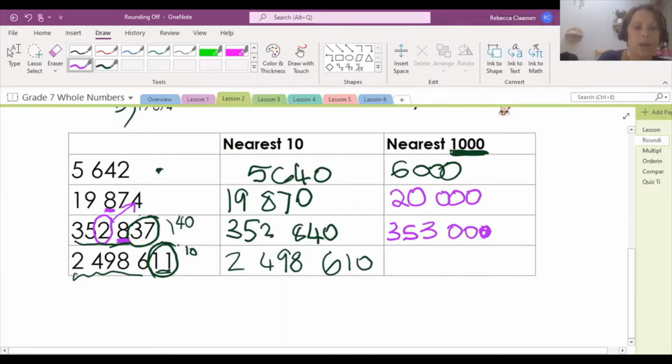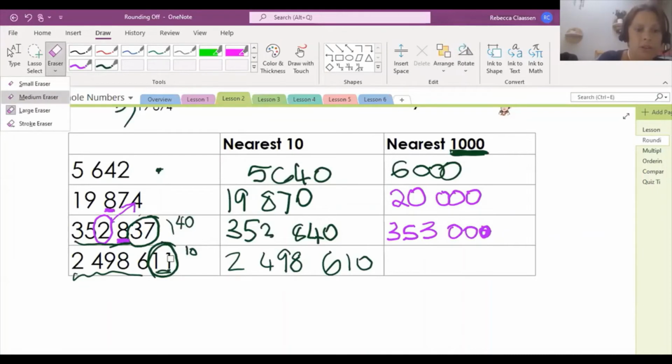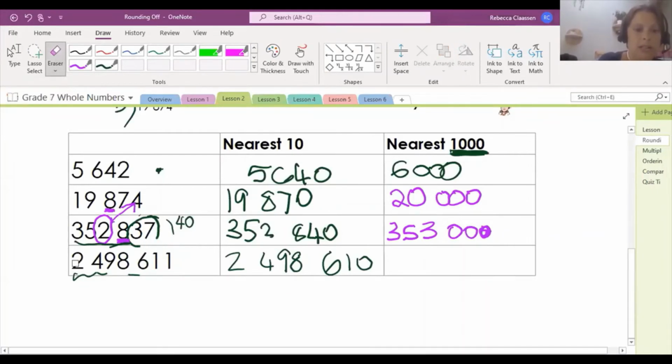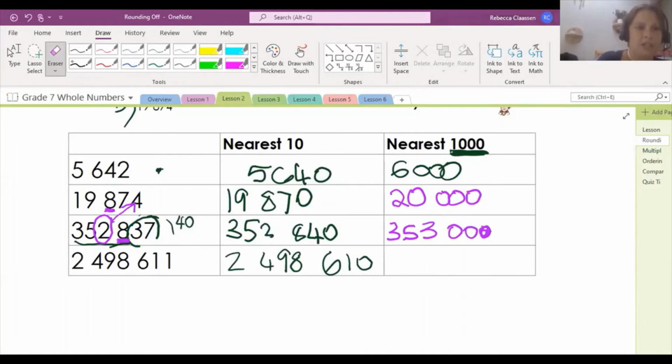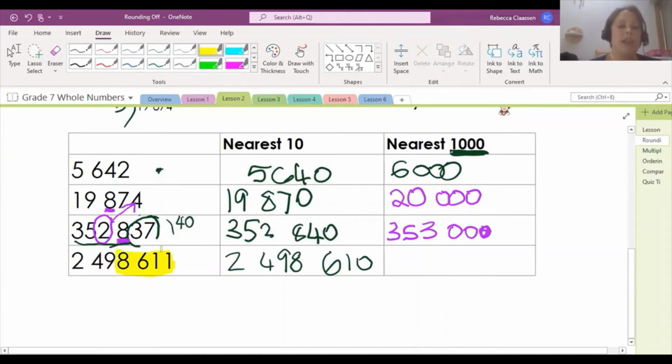Okay. We look at the whole, let's erase the stuff. So when we're looking at the thousands, you can even highlight if you need to. You can highlight the thousands. This is all thousands here. Okay, this is part of the thousands. So if we think of 8,611, that's going to be closer to 9,000 than it is to 8,000.